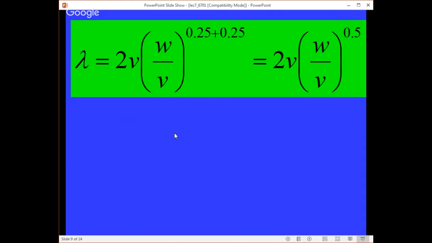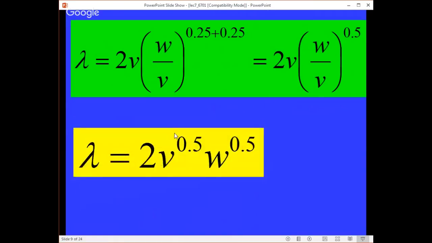And I get lambda is equal to 2V, W over V to the 0.25 and 0.25, or 2V, W over V to the 0.5. So here I have V to the 1, and here I have V to the negative 0.5. And I end up with lambda is equal to 2, V to the 0.5, W to the 0.5.